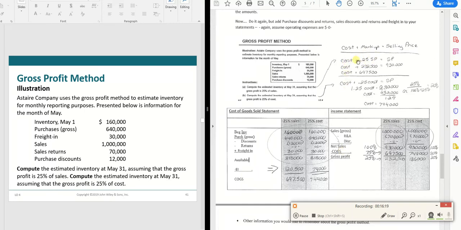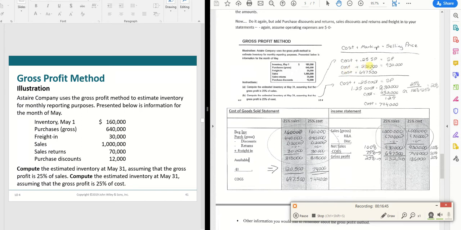This markup is my profit. And the selling price includes the cost plus my profit. Okay? So I like to write it like this, but if you feel better, you can put cost plus profit equals selling price.